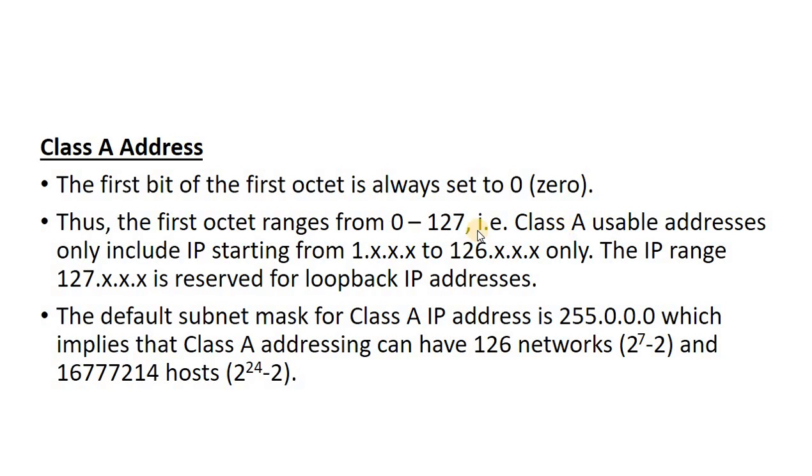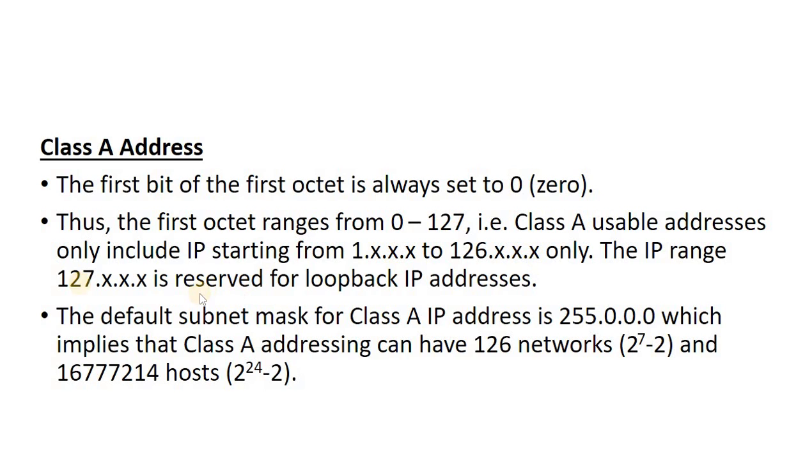Class A usable addresses only include IPs starting from 1.x.x.x, x being any, to 126.x.x.x only. So the range of usable IP addresses for Class A, the IP addresses that we can assign to computers, ranges from 1.x.x.x to 126.x.x.x only.